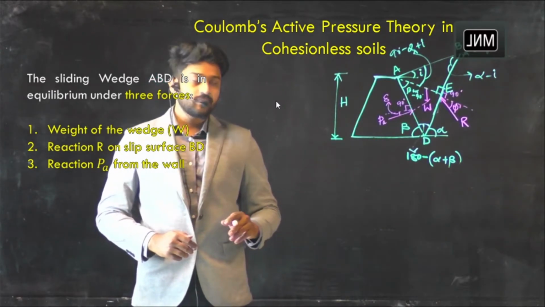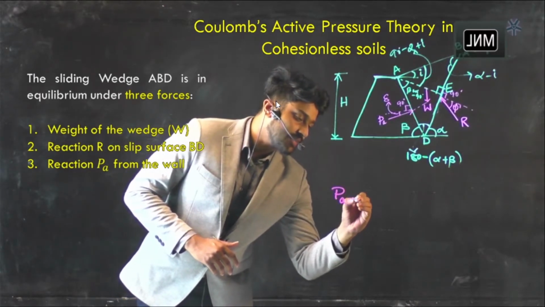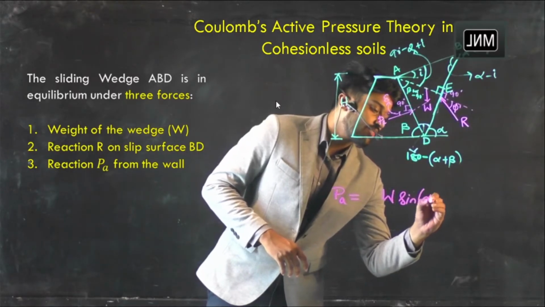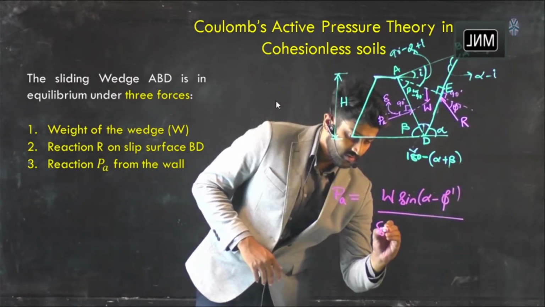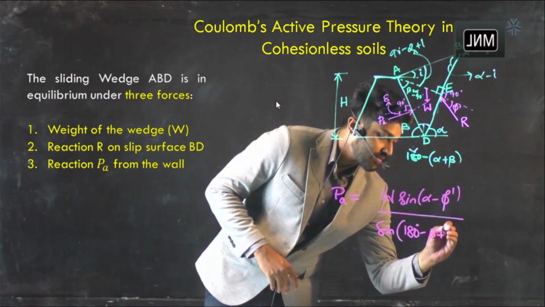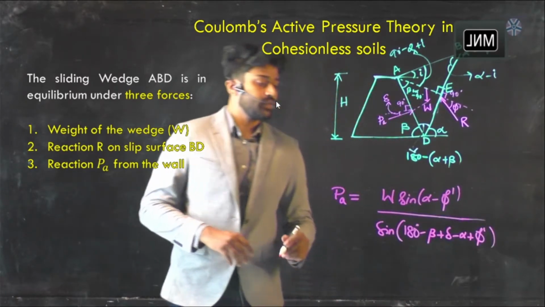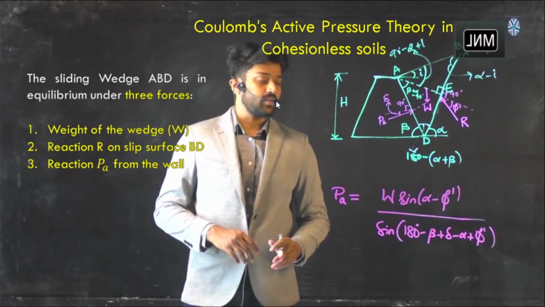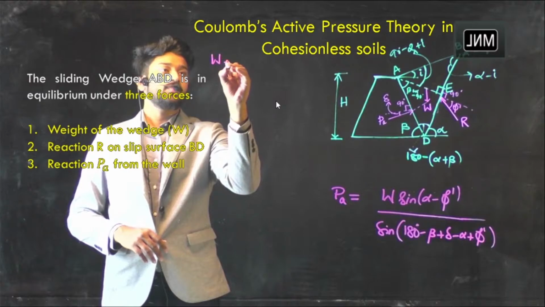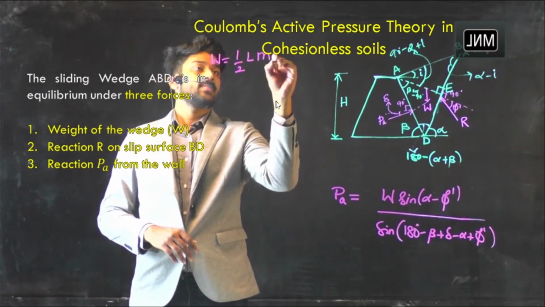Now after obtaining these values, we can obtain the value of PA as W into sine of alpha minus phi dash by sine of 180 degree minus beta plus delta minus alpha plus phi dash. So PA can be obtained by this formula, and we know the formula for W as well. W is equal to half into L into M into gamma.